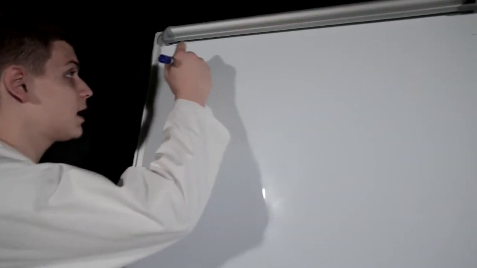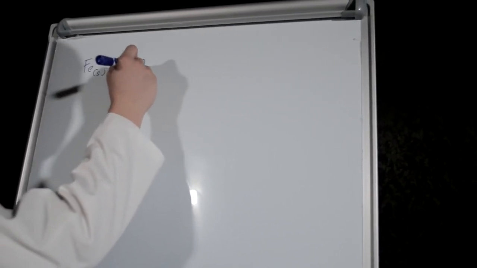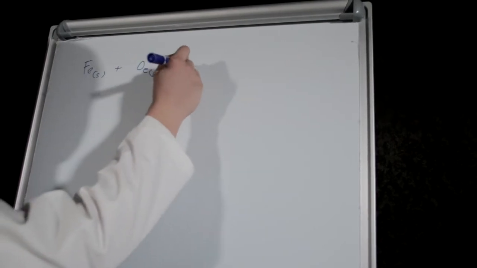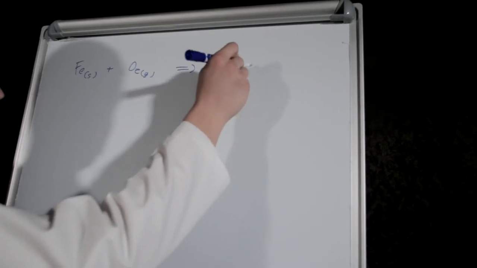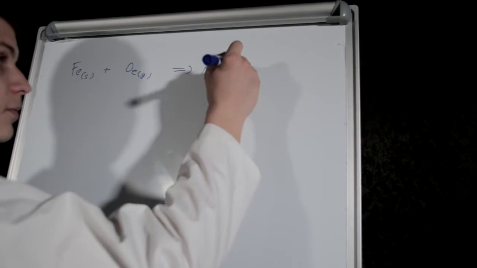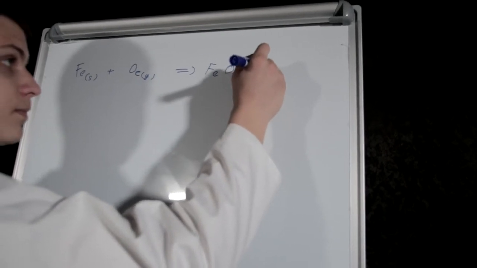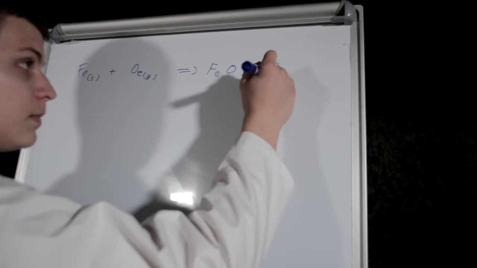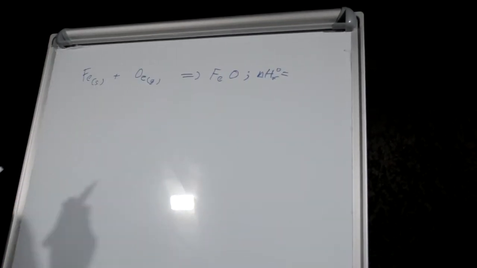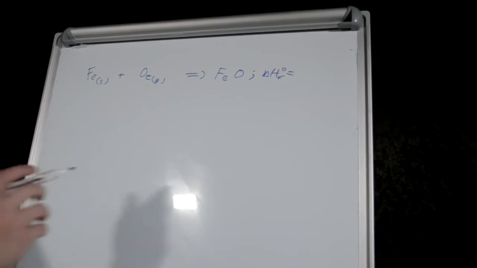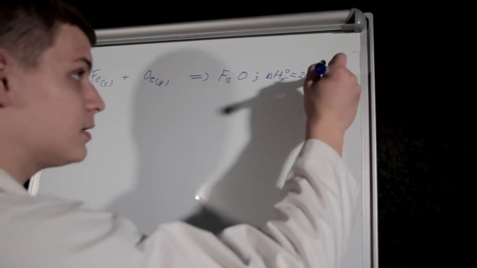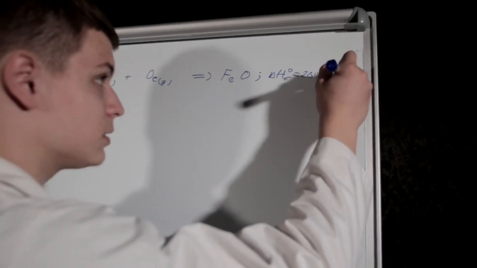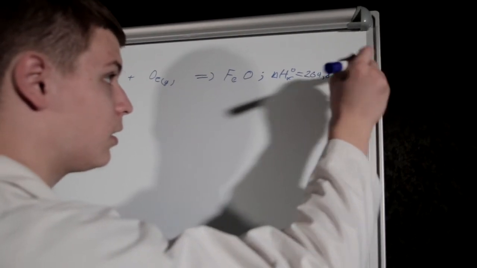Iron in the solid form plus oxygen gas equals iron oxide 2, and the enthalpy of formation is equal to minus 264.8 kilojoules per mole.